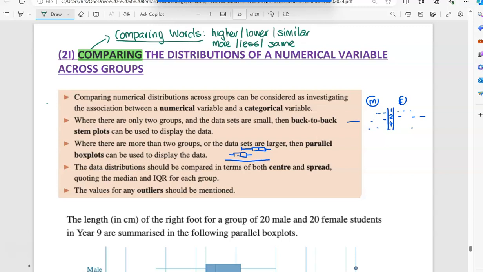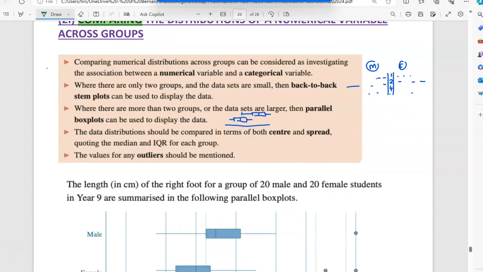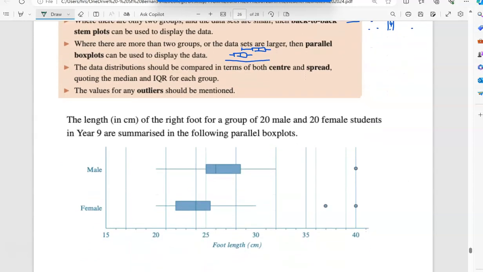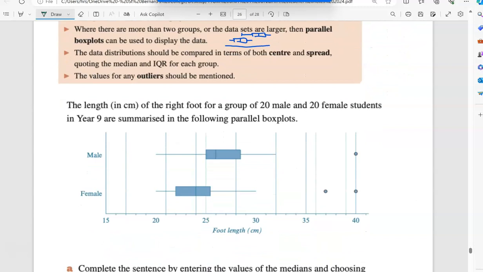Now, the other important thing is that you need to compare statistics. Let's have a look at this one. We've got the length in centimeters of the right foot for a group of 20 males and 20 female students in Year 9, and they've put the data there.